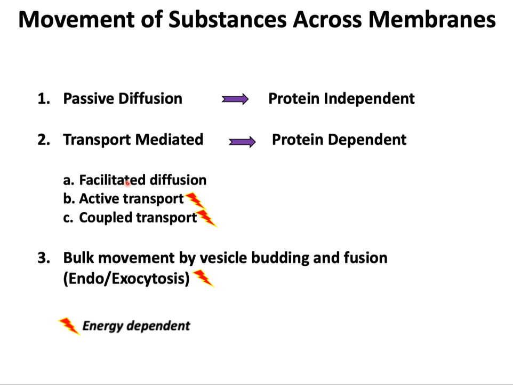There are three subclasses of those: facilitated diffusion, active transport, and coupled transport. And finally, there is bulk movement across membranes, which is the movement of very large proteins and is usually achieved by vesicle budding and fusion.